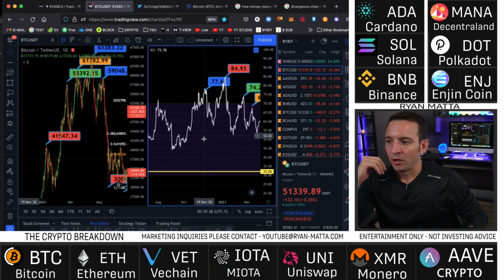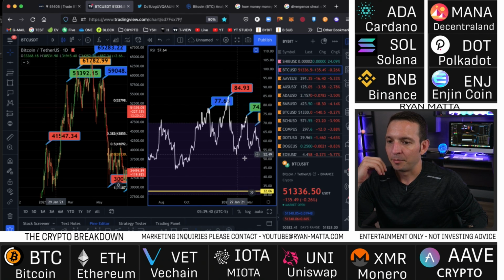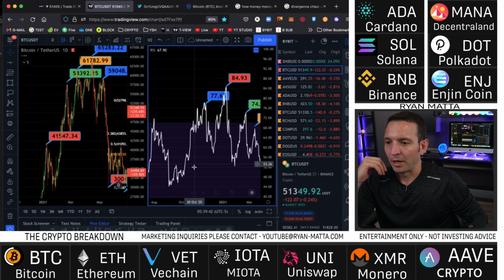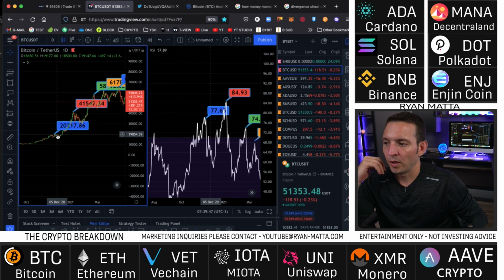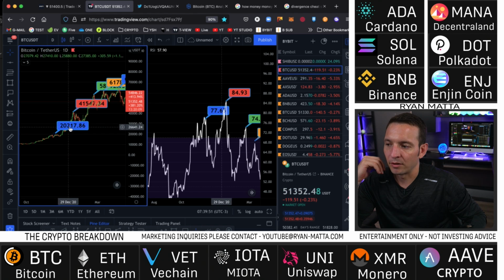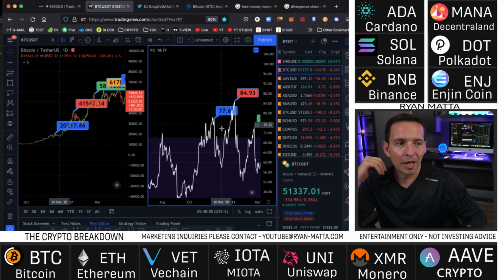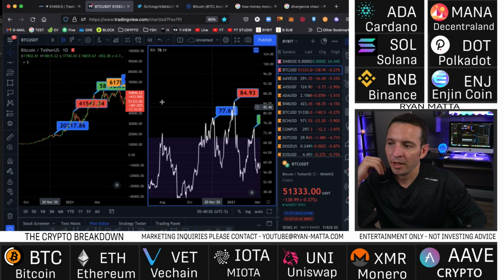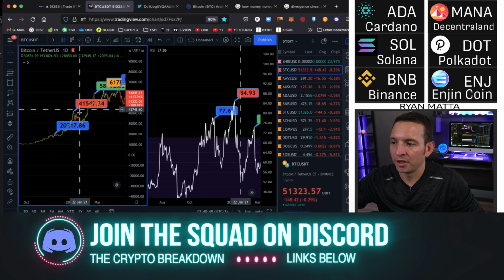So I tried to color code this chart to help you better understand what bullish and what bearish divergence actually is. If we look over here and you see this price point right here when Bitcoin's at $20,217, and then we see this red point up here, and you can see when I move the cursor from left to right, you can see that little crosshair arrow. Oh, that makes it so much easier to see.